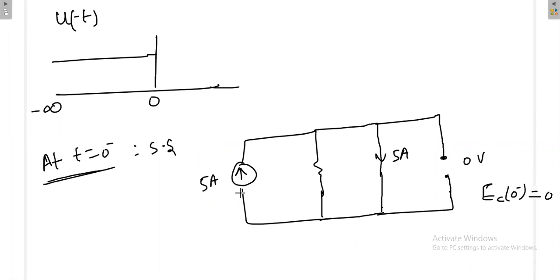So in this case the inductor is having the initial energy, but anyway, we will operate with the formula. What is the formula? Alpha for a parallel RC circuit is 1/(2RC), where omega naught is 1 by square root of LC.